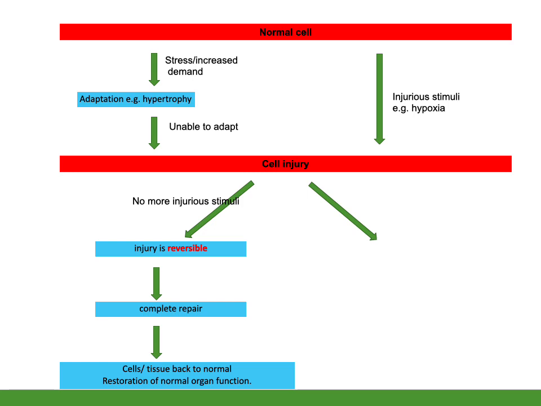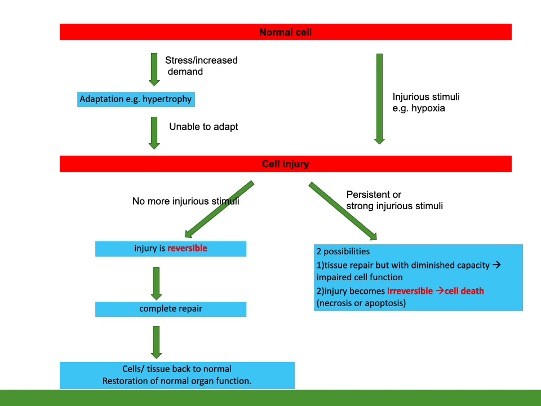However, if the injury is so severe or if the injury is persistent, thereby giving the cell no time to repair itself, then it undergoes two possibilities. Either the tissue repairs itself, but with diminished capacity.